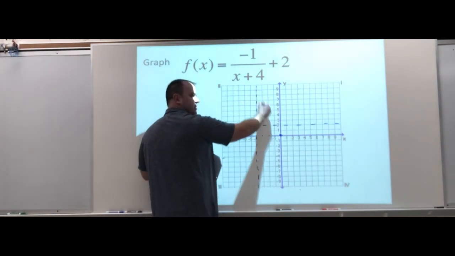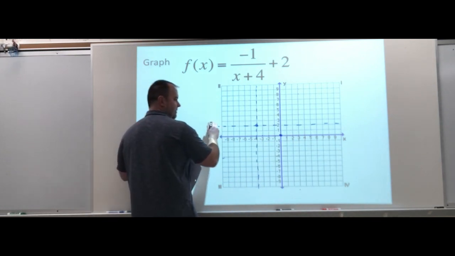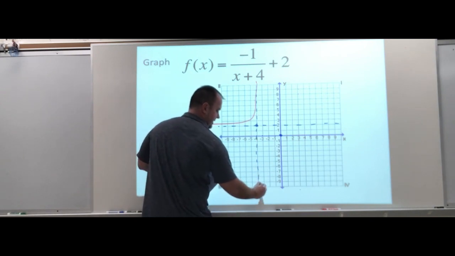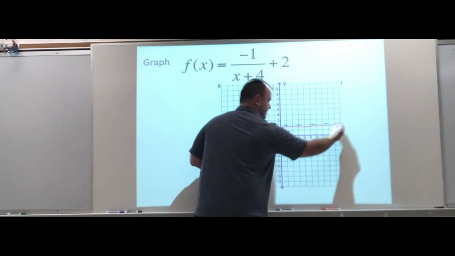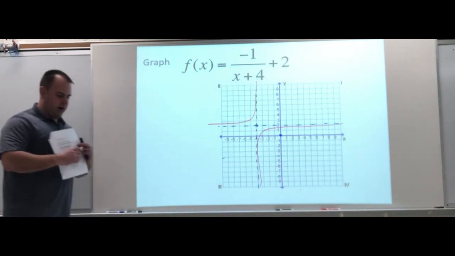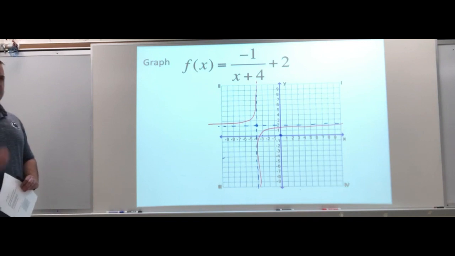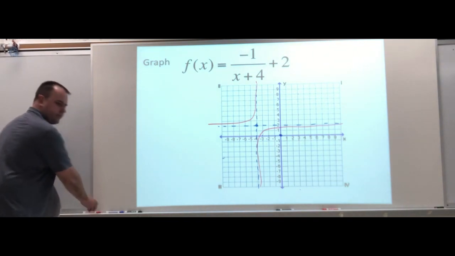And the one that was up top and to the right is now going down. So we have up and to the left and down to the right. So there's our graph for that one. The reflection is flipping it over the x-axis. And again, we moved 4 to the left and up 2.